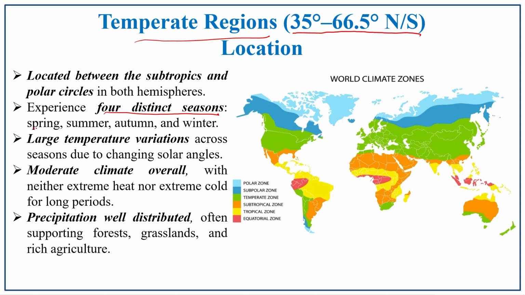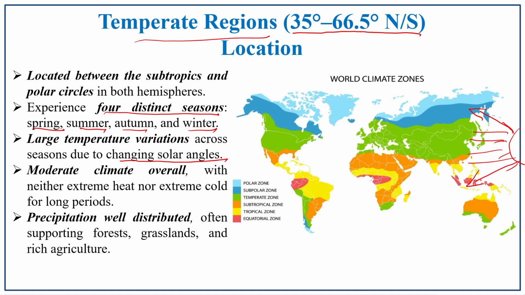That is, the first one is spring, second is summer, then autumn and winter. There is a large temperature variation across the seasons due to the changing solar angle. So what happened here? The solar radiation strikes directly, and here the striking somewhat differs in this particular latitude.